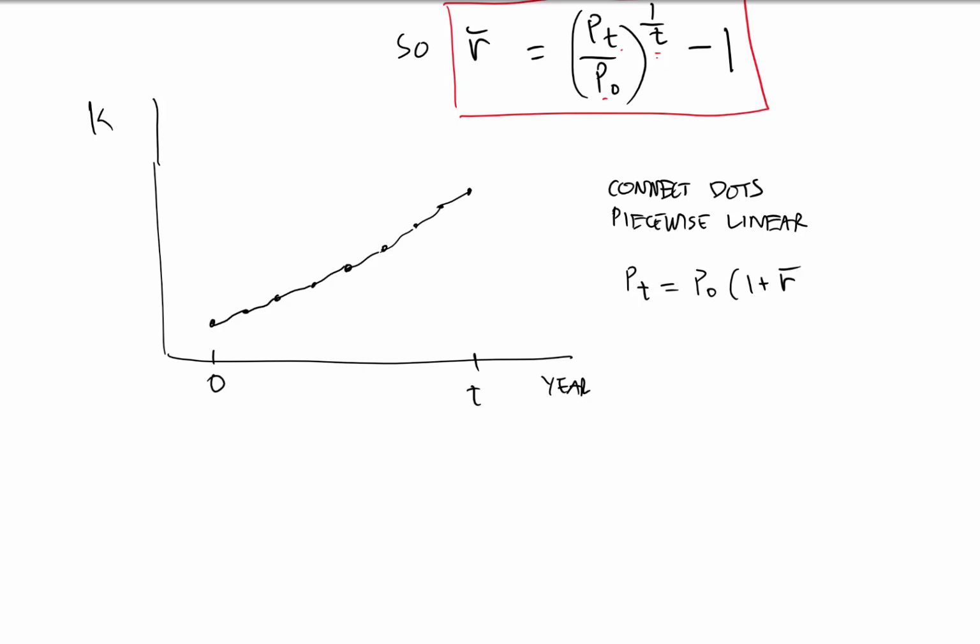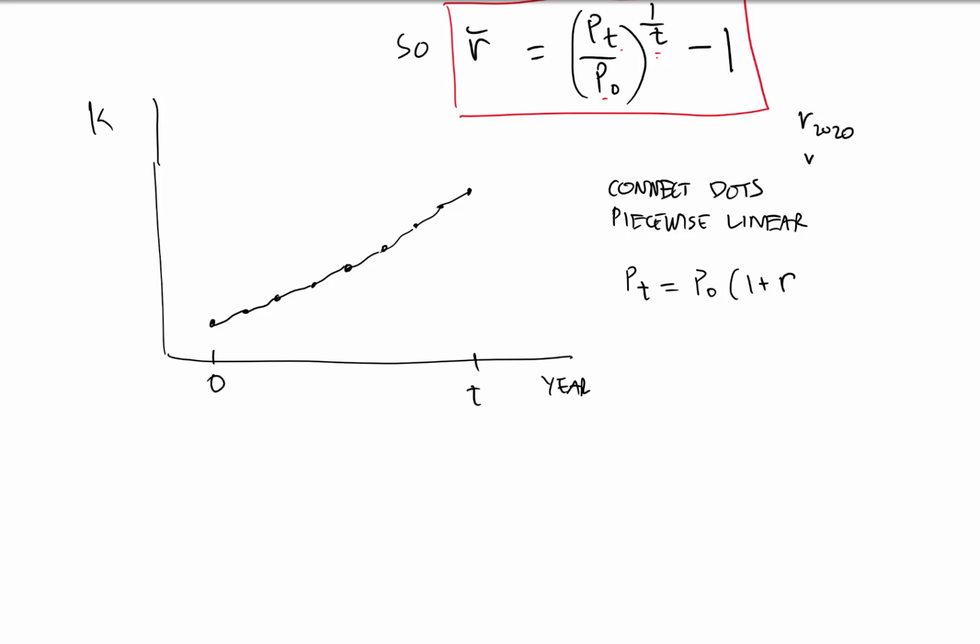You know what? I'm getting tired of writing R bar. For the moment, I'm just going to forget the bar. We're going to talk about the average growth rate. If I say R 2020, then you know that I'm talking about the growth rate in a particular year.